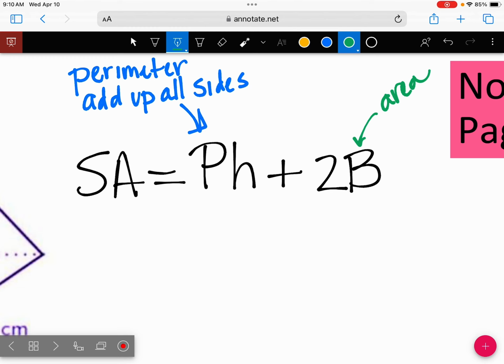Now, who remembers how to find the area of a triangle? Anybody? I'm not going to ask you to tell me, but this is going to help me figure out what I need to provide for the final or the test. But raise your hand if you know the formula. Okay.